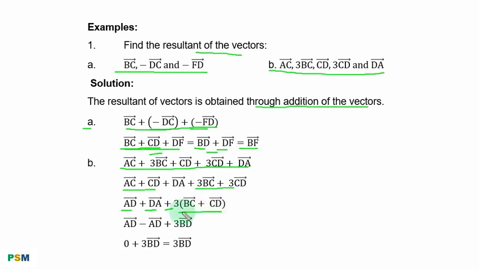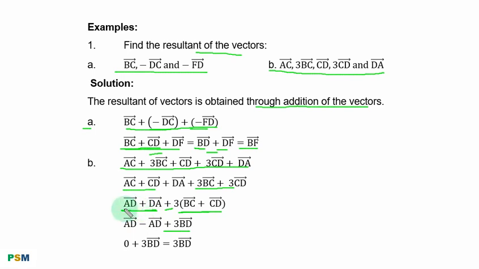Now when you add here, because point C is common, you have vector BD times 3 in this form. If you check these two vectors very well, the two can be 0 if we have them in the same position.